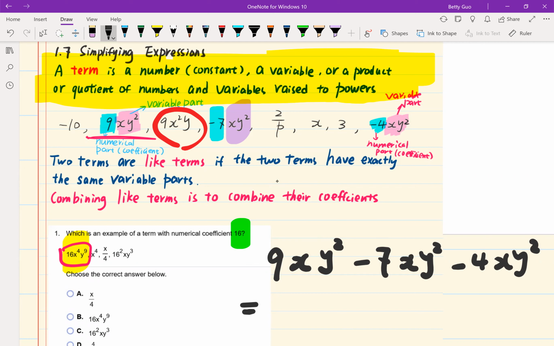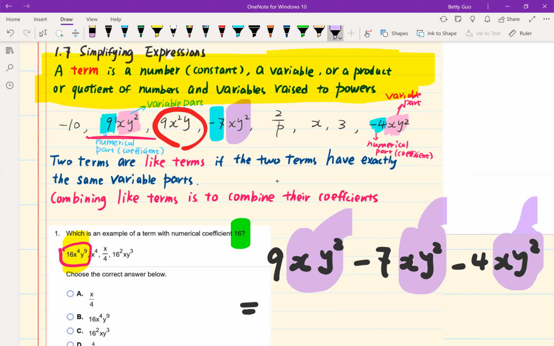So let me explain what I meant earlier when I said apple. You can say this is an apple, right? Xy squared, the variable part, you can color it as a purple apple. This is also an apple. This is also an apple.